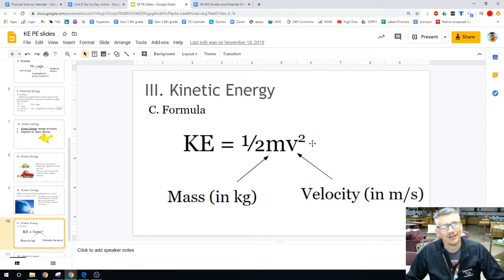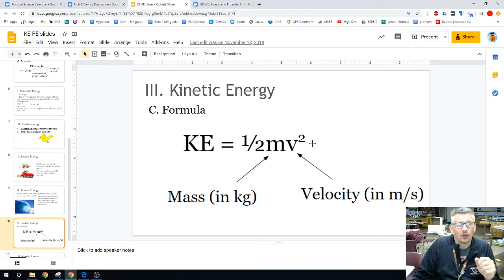If we take a look at sports and energy, whether we're swinging a baseball bat, a softball bat, a club, or we're looking at football and the energy given off by a person, it is the speed of that object that is twice as important as the mass.